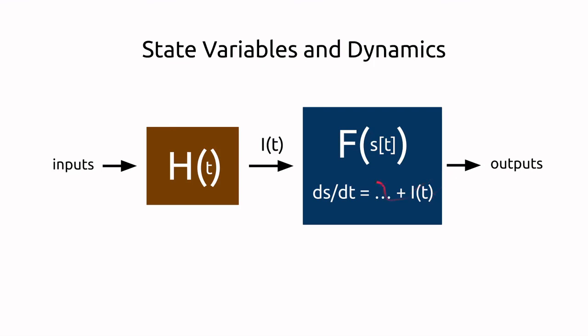This is elided here in the ellipsis. We will come back to these dynamics in a bit. And the output of the neuron depends on the state variables as well as the transfer function. For example, instead of thresholding the current, we want to threshold on the state variables. Although this then raises the question, what should we use as the state variable?